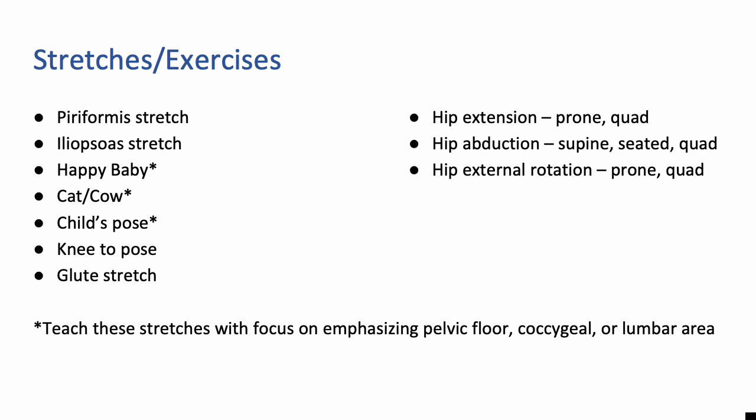With the cat cow, having the patient on their hands and knees, you're blocking their thoracic spine with your arm and having them really try to get that flexion and extension coming from the lumbar spine, and having that pelvic anterior and posterior tilt. If you have permission, using your hands to help reinforce that tilt. Okay, and then you can also add breathing to all three of these.